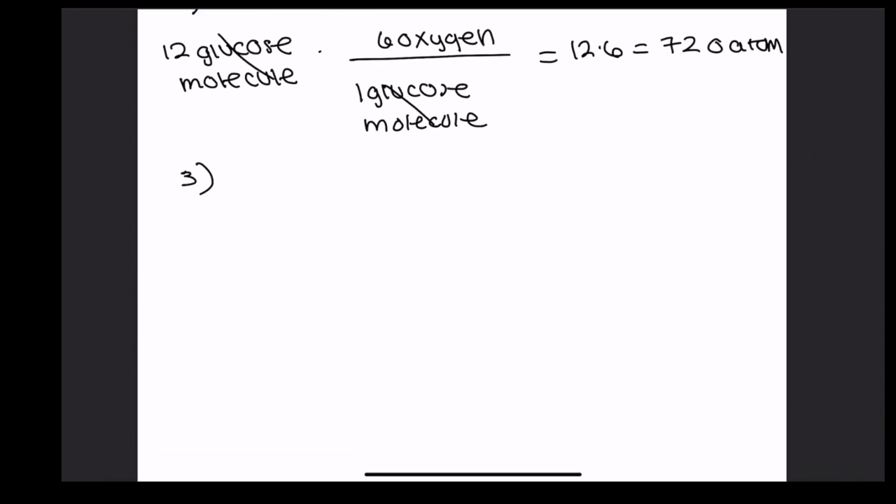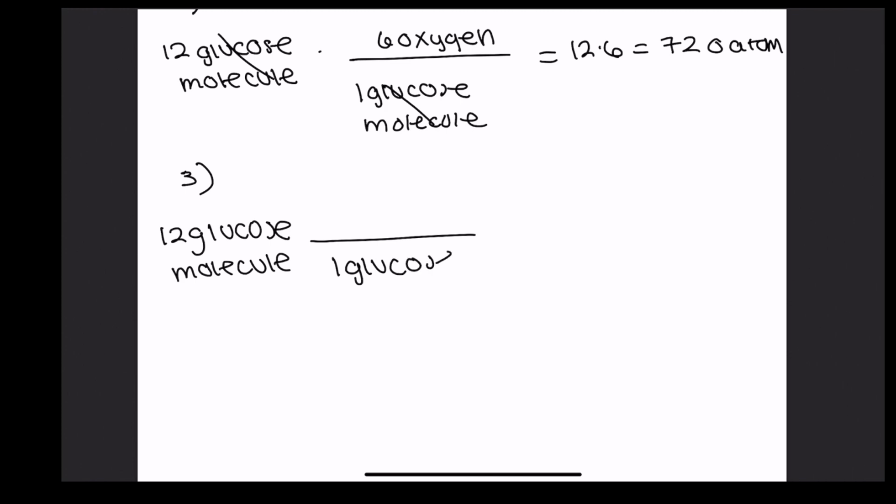Okay, number 3, it says how many dozen oxygen atoms are there in 1 dozen glucose molecule. So if I solve this real quick, 1 dozen glucose molecule. 1 glucose, same thing as above, because we want to keep it in oxygen. So 6 oxygen.